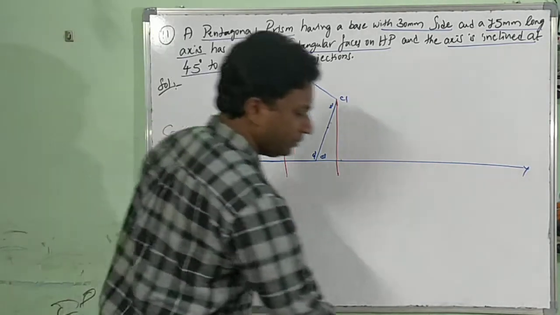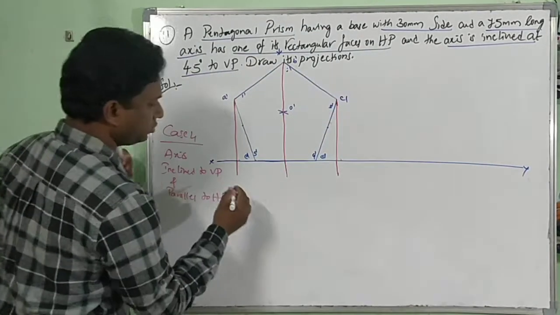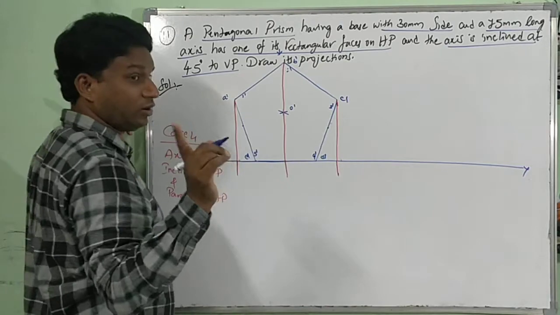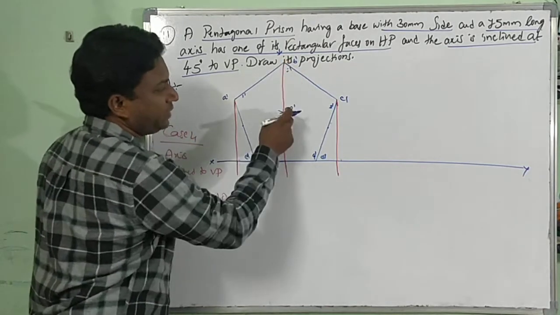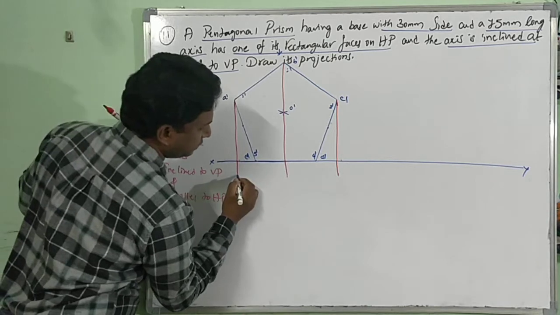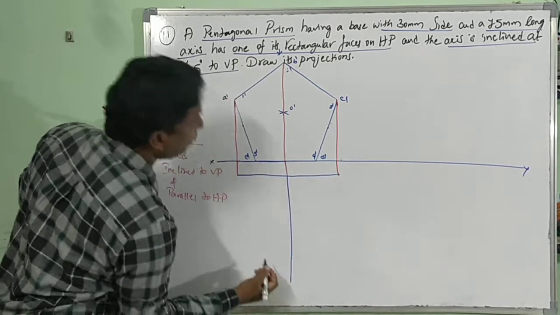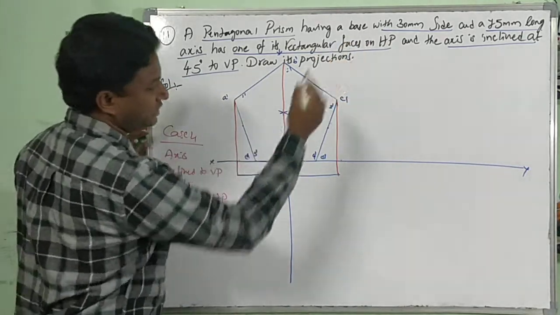Now from there, what are we supposed to do? We are supposed to draw the axis line first, but the axis line is being dominated by this B dash. So draw a continuous thick line of how much? 75 mm.